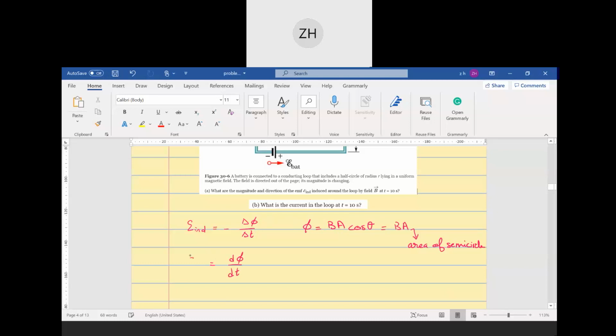Now we want the magnitude, so I will just remove the minus sign and later talk about the direction separately. So this is going to be d phi by dt. Like we said, A is independent of time and B is uniform with position, so I can just take A outside this derivative, and we are left with dB by dt.